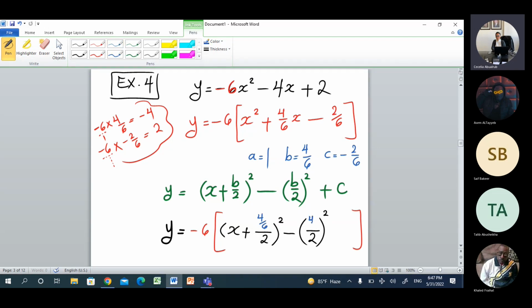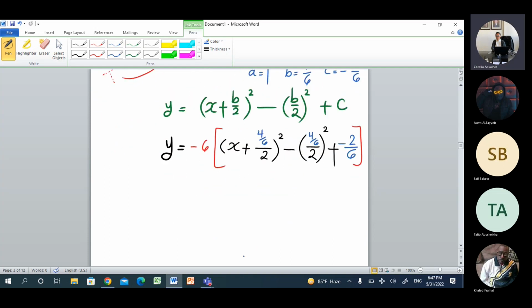It's 4 over 6. And you insert it in the calculator as fraction 4 over 6 over 2. Okay? And plus c, write it as is. It's negative 2 over 6. Basically, you're done. All what you need to do now is simplifying the expression.